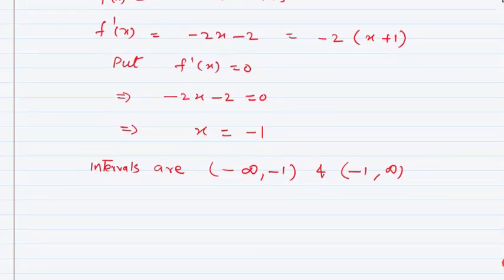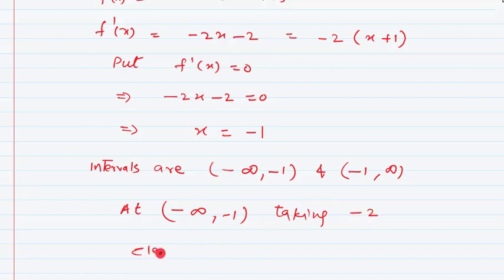So let us calculate for minus infinity to minus 1, taking any value, let me take minus 2. So clearly f dash x will be positive because if you put minus 2 over here, the whole value becomes positive.